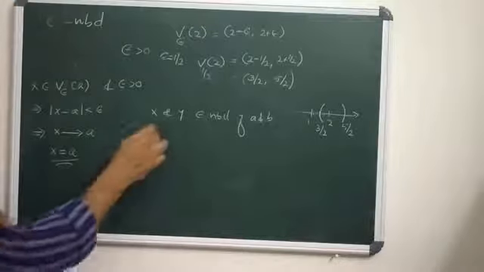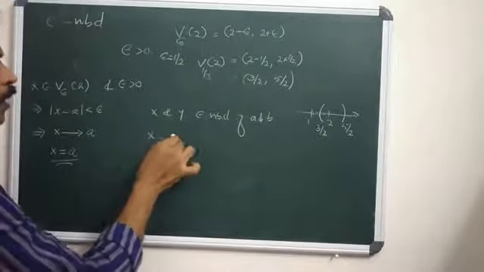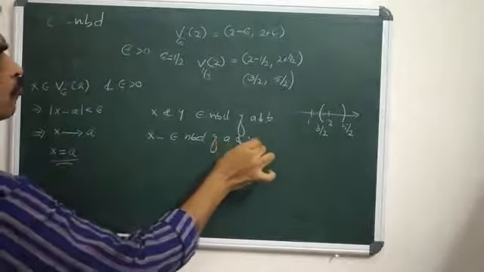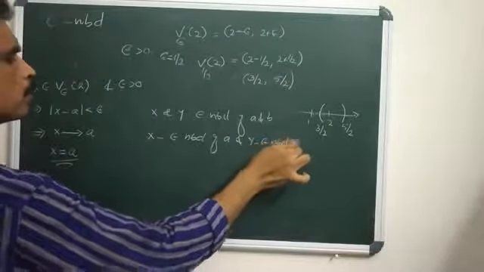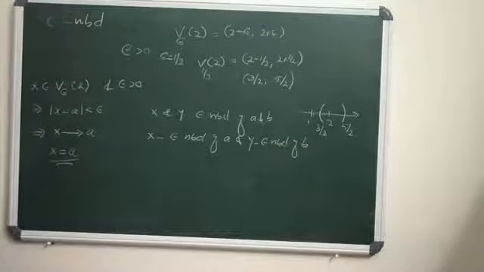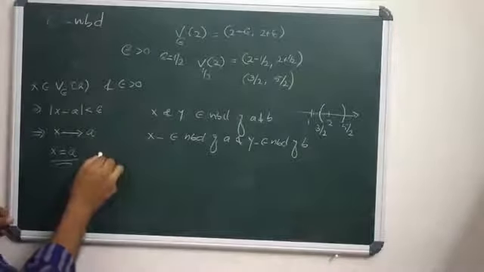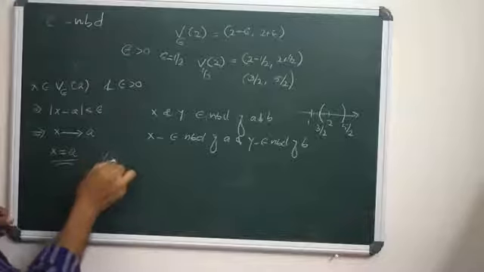Suppose x is in the epsilon neighborhood of A and y is in the epsilon neighborhood of B. Then what about the neighborhood of this A plus B? It need not be epsilon. What is the epsilon neighborhood of A?